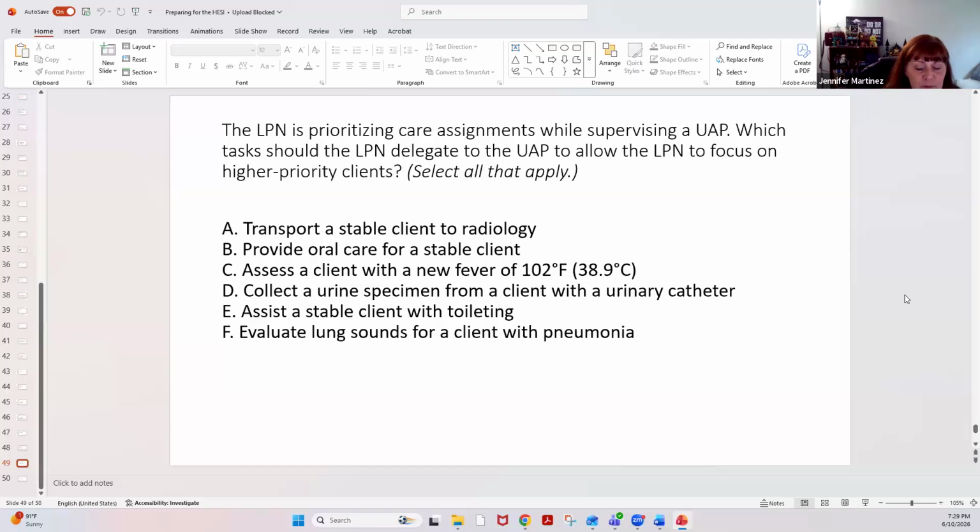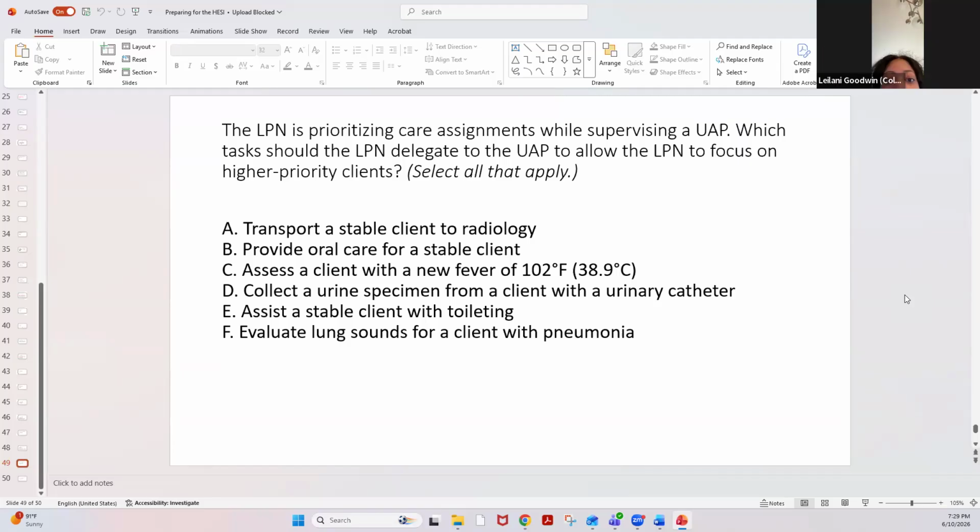One, transport a stable client to radiology, provide oral care for a stable client, assess a client with a new fever of 102 degrees, collect a urine specimen from a client with a urinary catheter, assist a stable client with toileting, or evaluate lung sounds for a client with pneumonia.